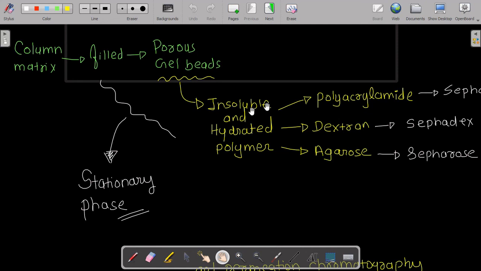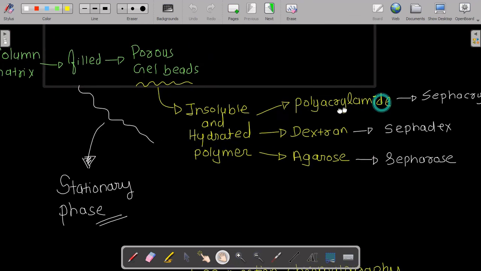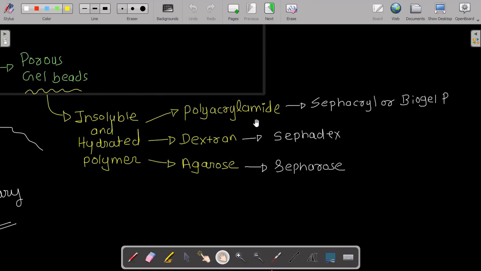The examples are polyacrylamide, that is Sephacryl or Bio-Gel P, dextran, that is Sephadex, or agarose, that is Sepharose.